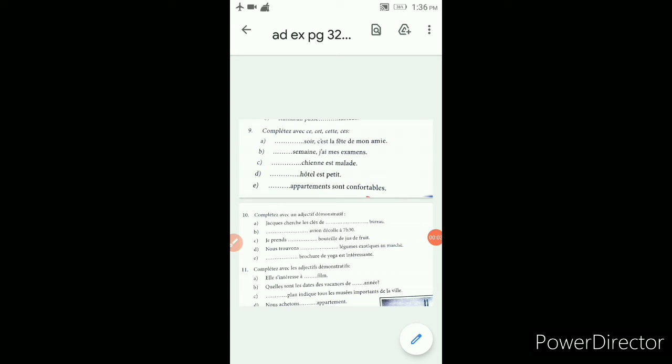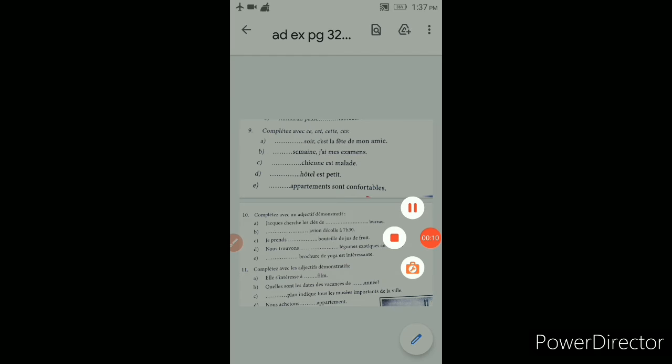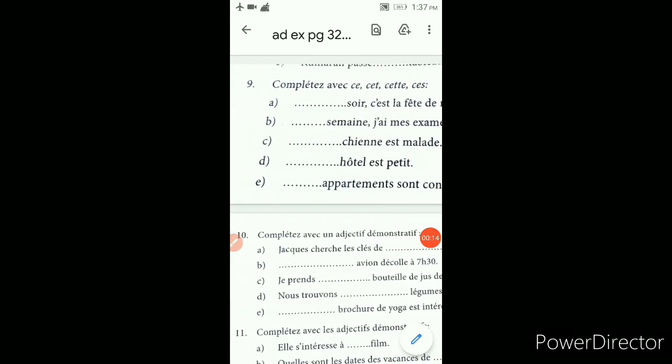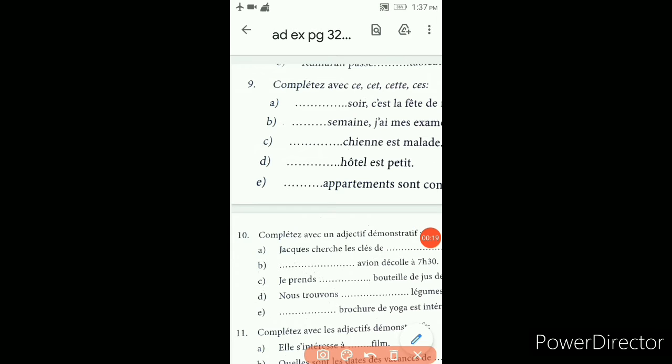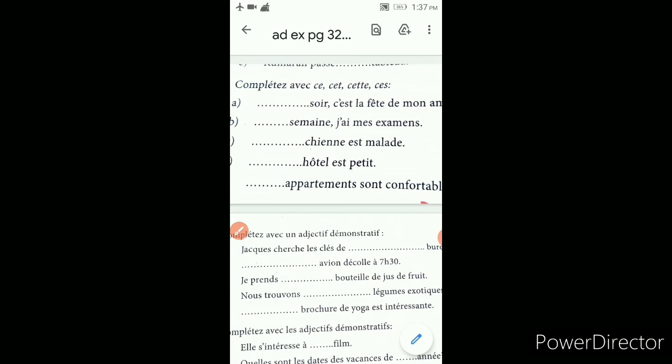Let us see the 9th exercise on page number 32. Ce soir. Soir is ending with another alphabet. So what should come here? Ce soir. C'est la fête de mon ami.